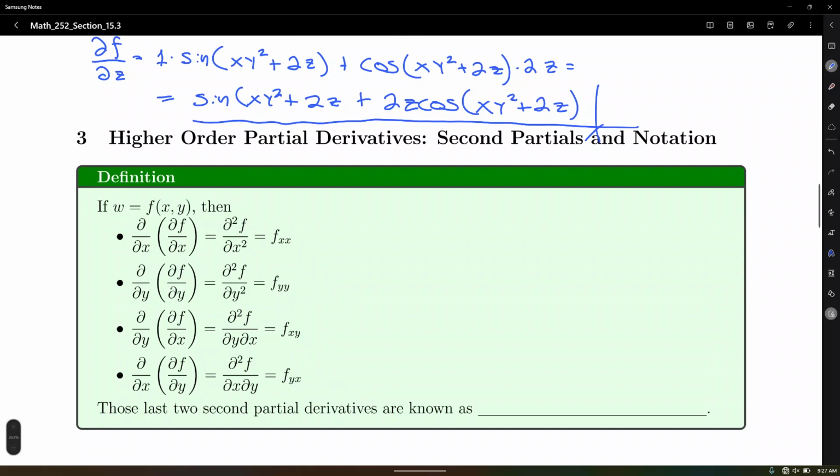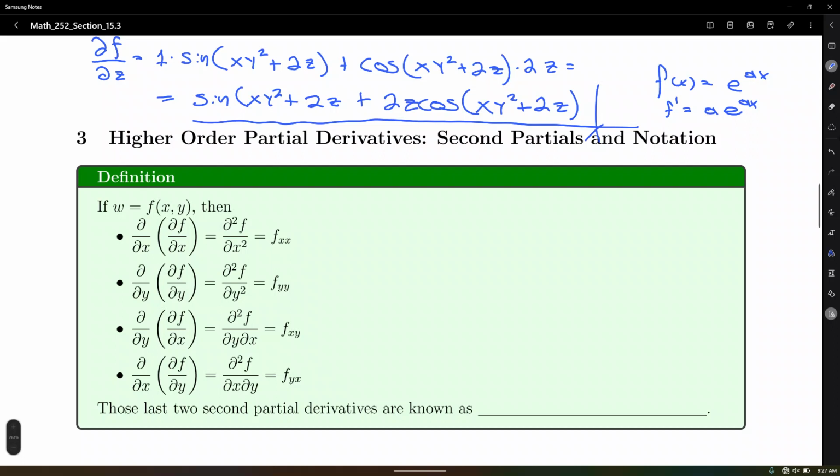Or like the exponential, the derivative of the exponential is always itself, unless you have a different coefficient, and we just multiply by that coefficient. For instance, when f of x equals e to the ax, f prime equals a e to the ax. If you take the second, that would be a squared, a cubed, a to the fourth.